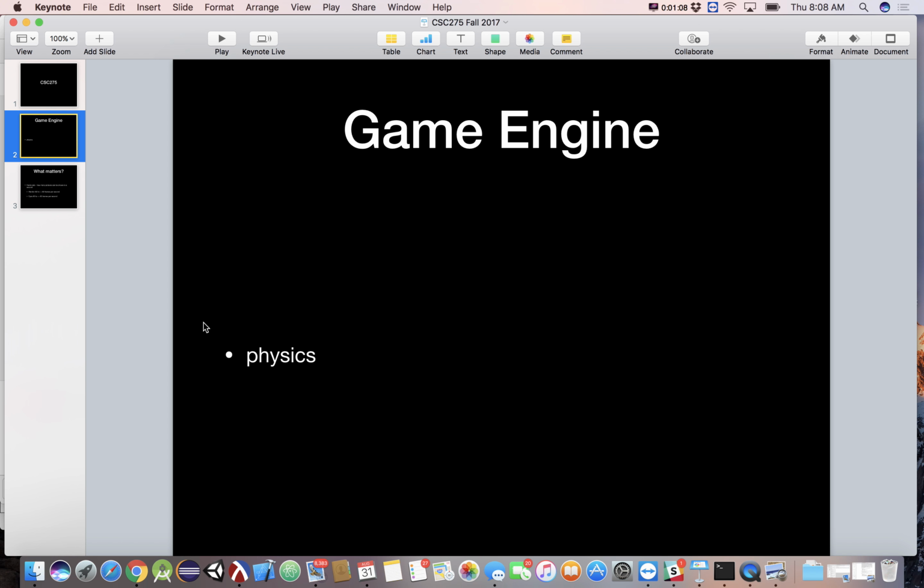But in any case, physics, all these mathy things, is certainly something that a human being could write, something that we could incorporate in each of our games. But it doesn't make any sense for us to go and rewrite that every single time, right? For those of you who've had it, we do it some at the end of 250 and also into the 300 class when we talk about data structures, when we're writing stacks and queues.